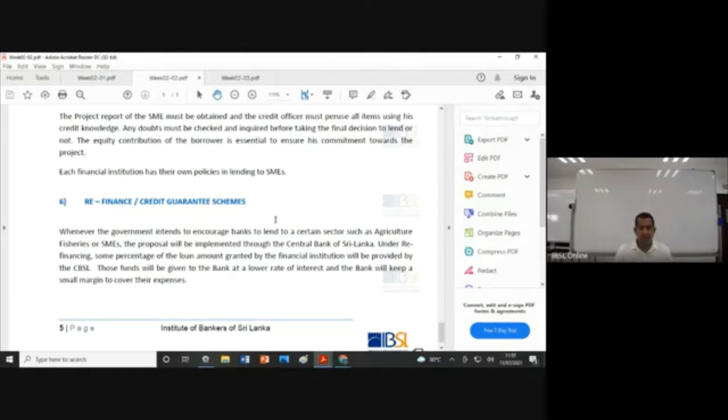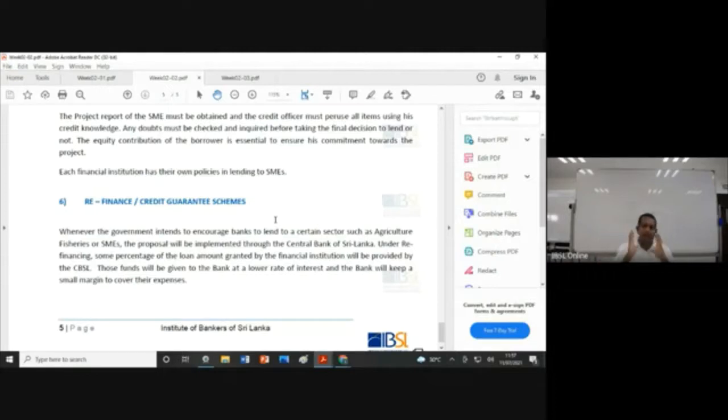That is the guideline for SMEs through the central bank. In the international arena, SMEs are categorized based on turnover, investment in the business, and the number of employees in the business. Small, medium, and large. Small and medium is SME, large is the corporate sector.